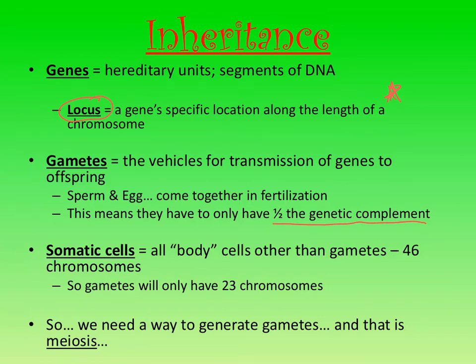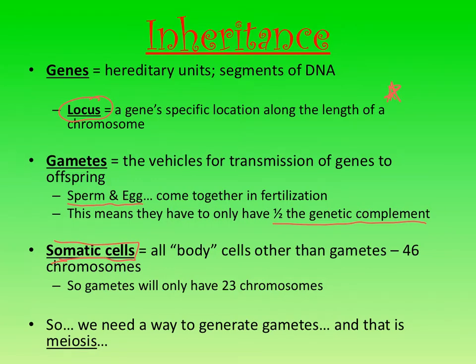And so, as you might recall from freshman year, you are a combination, half your chromosomes from mom and half from dad. In order for that to be a reality, we need to make cells that carry only half of our chromosomes. Now, somatic cells is the term we use for our normal body cells.